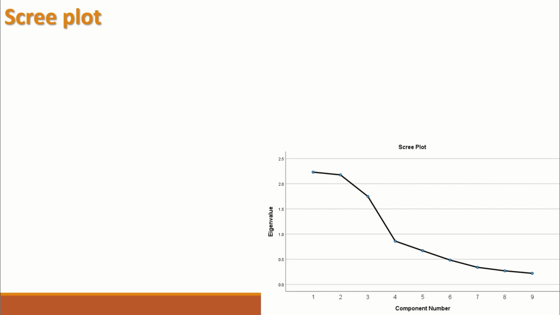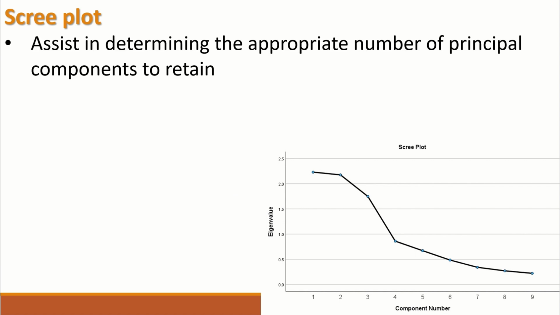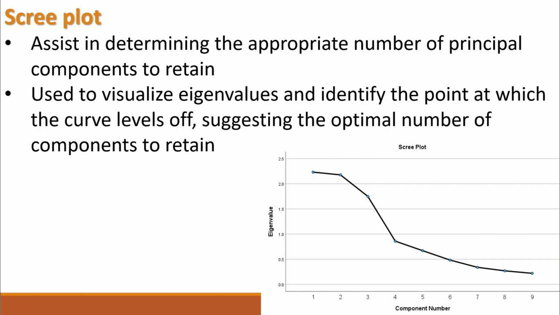The next slide shows the scree plot. Scree plot assists in determining the appropriate number of principal components to retain or to obtain from the analysis. It is used to visualize the eigenvalues and identify the point at which the curve levels off, suggesting the optimal number of components to retain.